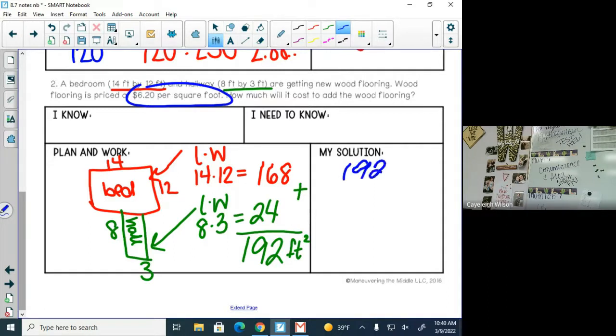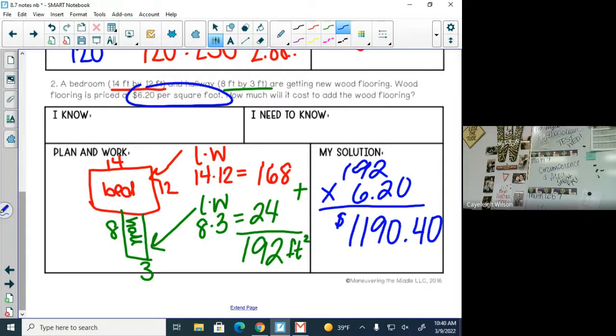So 192 times $6.20, and the cost for my flooring is going to be what, Brian? 1,190.40. So they're not all dividing, sometimes they're multiplying, and that's okay.